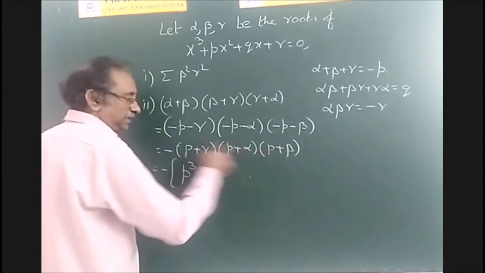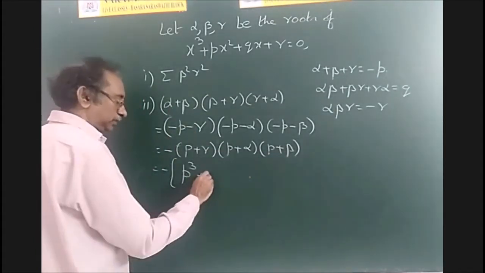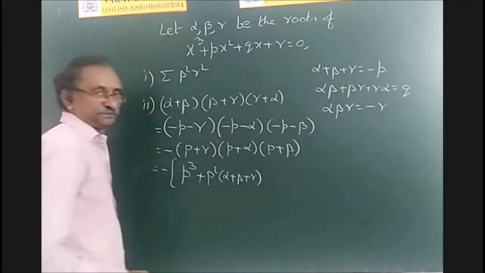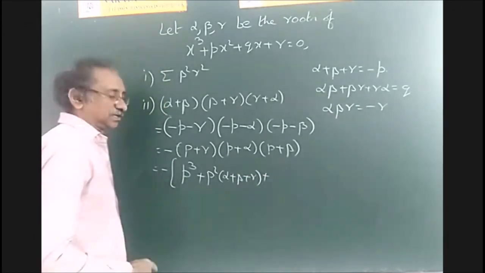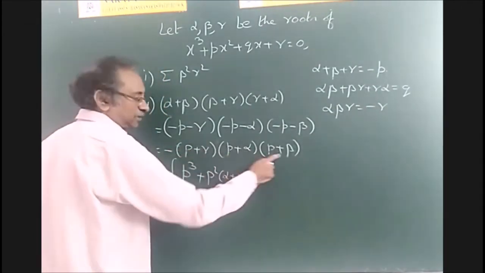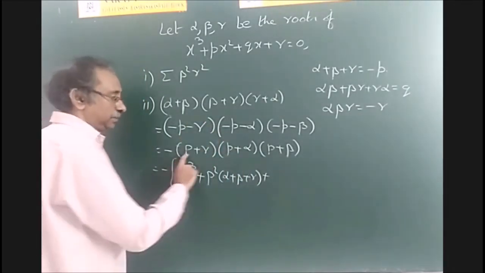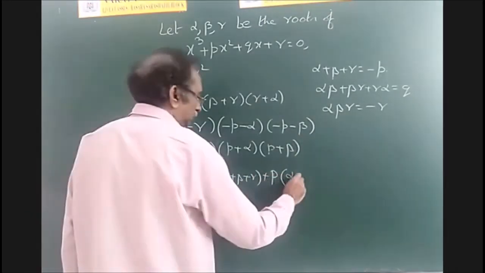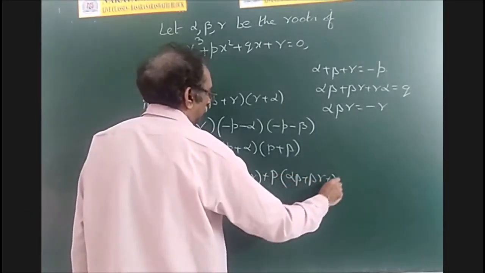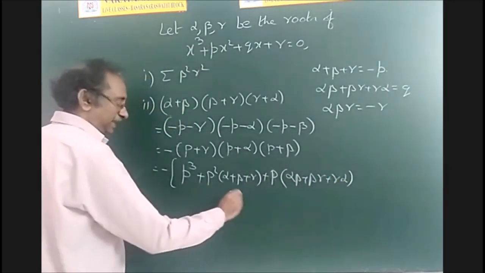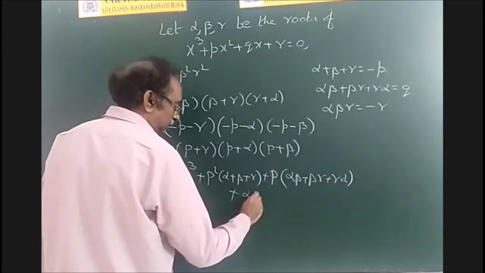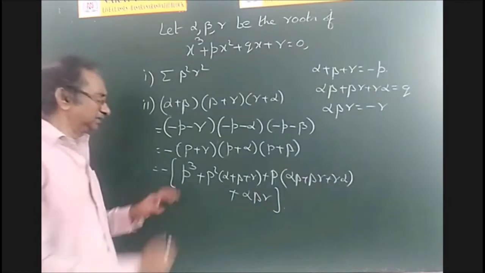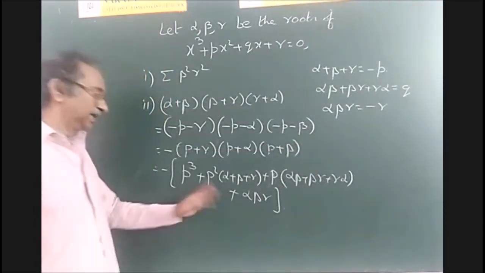That is p square into alpha plus beta plus gamma, three terms. Another three terms: p into alpha beta, and you can understand the remaining two, that is p into (alpha beta plus beta gamma plus gamma alpha). Plus the constant term alpha beta gamma. Constant means not containing p. If you can't write like this, simply multiply all of them, and you will get this finally.